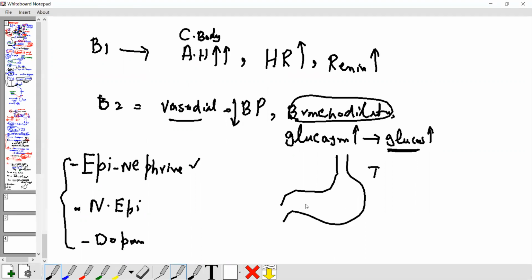Why? The stomach, the intestine, the enzyme here, COMT. If you eat epinephrine, what happens? Can it be absorbed? No, it's broken down inside the intestine.